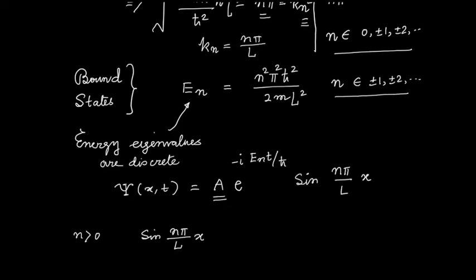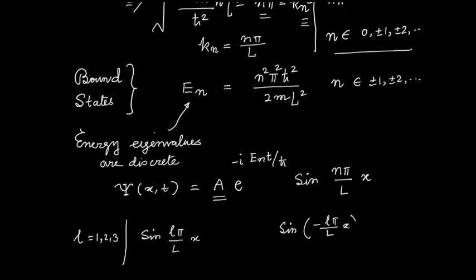So let's say we have a number, which I call L, a positive integer, like 1, 2, 3, etc. So if I consider all the possible values of n, I can have sine of l pi by L times x, and then the other type of solutions, which are sine of minus l pi by L times x, right? Because this will correspond to the positive values of n, and this will correspond to the negative values of n.